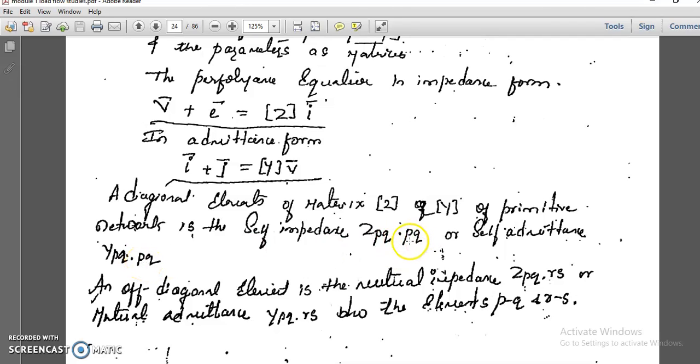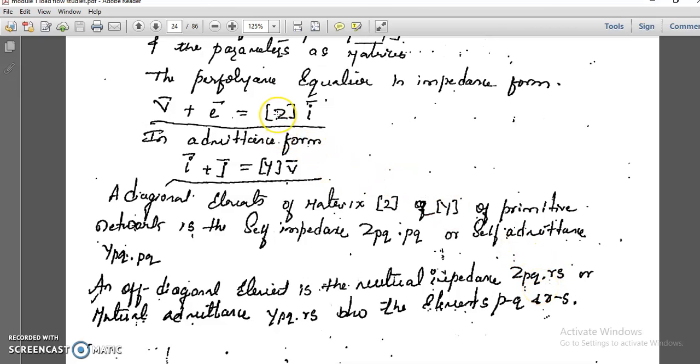And if you write PQ comma RS, different, that is mutual. This is needed in the building algorithm. Z of PQ comma PQ is nothing but Z of 1 1. If you write Z of PQ comma RS, that is nothing but Z of 1 2, which is mutual impedance.